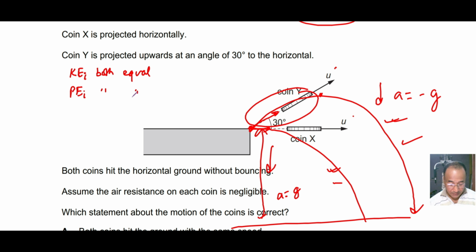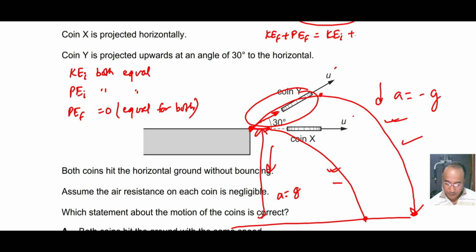Finally, PE final is equal to 0 for both. Since energy should be conserved, KE final plus PE final should be equal to KE initial plus PE initial.